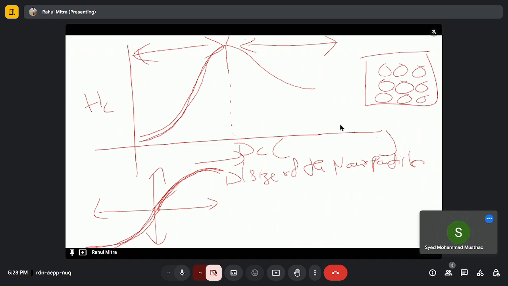So that is more related to superparamagnetism. It has very low coercivity values, right? So that is about superparamagnetism.